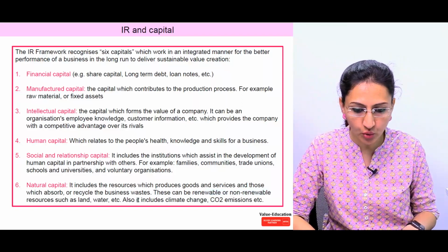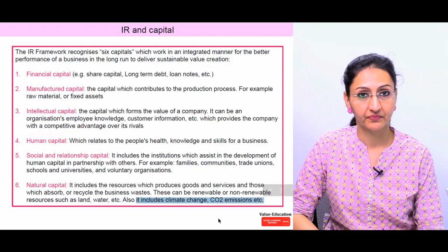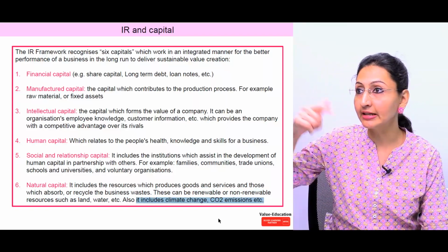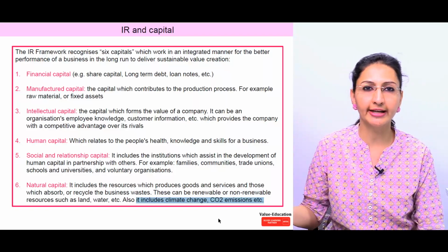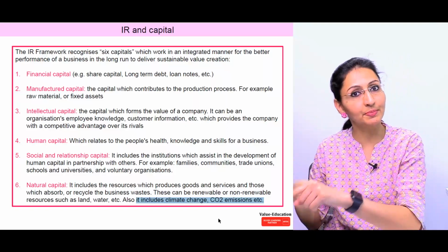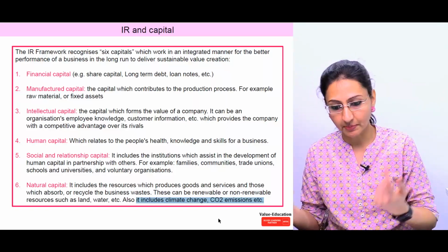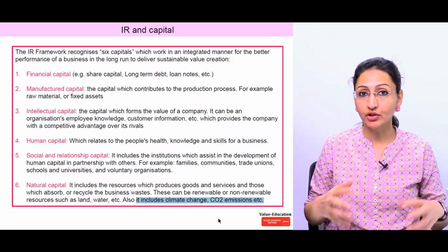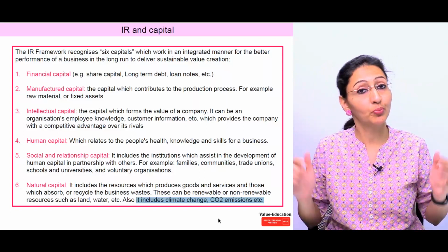And when it comes to disposing or absorbing, how you are making nature absorb your production. Rather, production is not getting absorbed by nature. The waste which the business is producing, that is being absorbed by nature. How is that being done? Is it being recycled? Are you releasing CO2 emissions to the environment? Are you polluting the river?